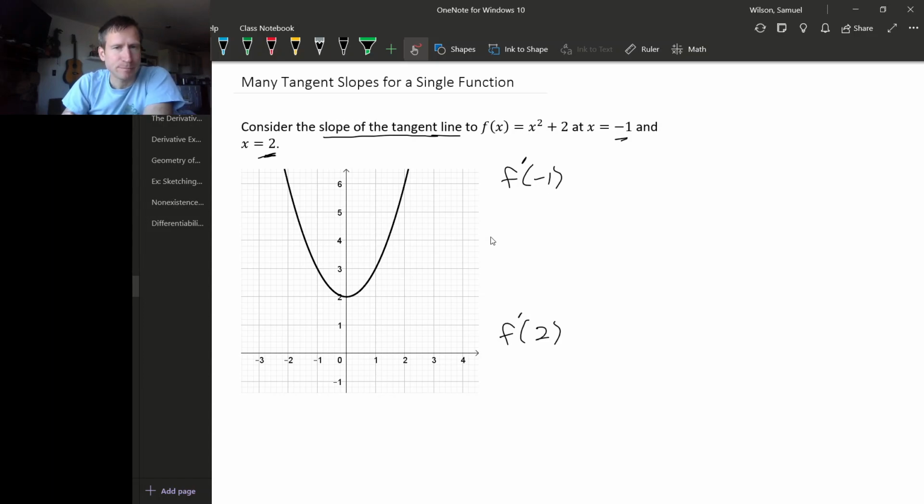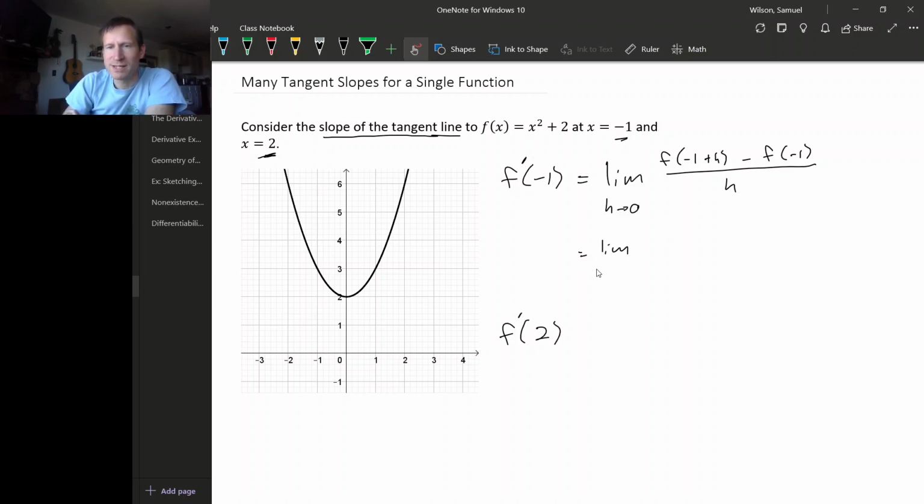There we go. So at x equals minus 1, just by definition, it's the limit as h goes to 0 of f of minus 1 plus h minus f of minus 1 all over h. And we could calculate what this is, right?